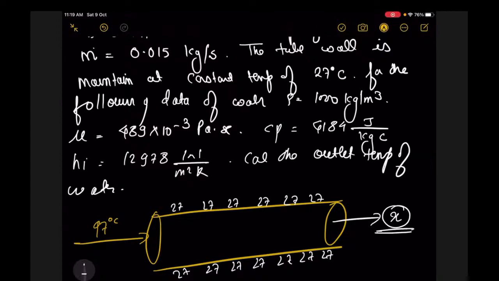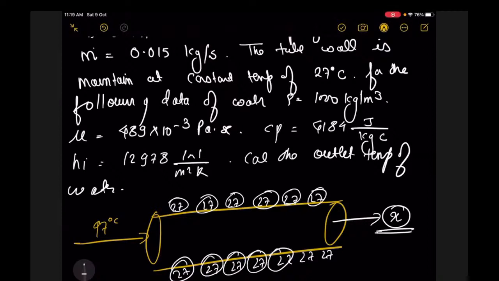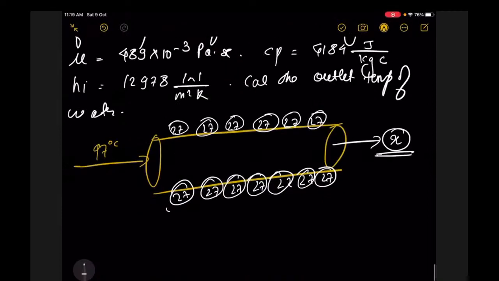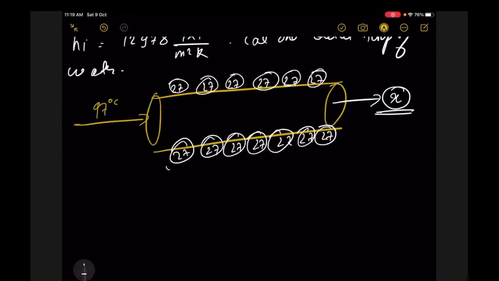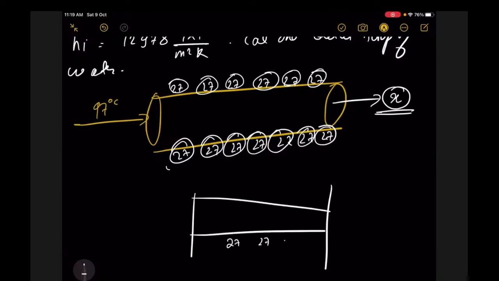Everywhere it is 27. We have seen when the LMTD of counter current is equal to co-current, I told you that the system will have one temperature profile constant. So it is behaving like a condenser. One fluid is at 27 degrees centigrade and the other will move from 97 to some x.